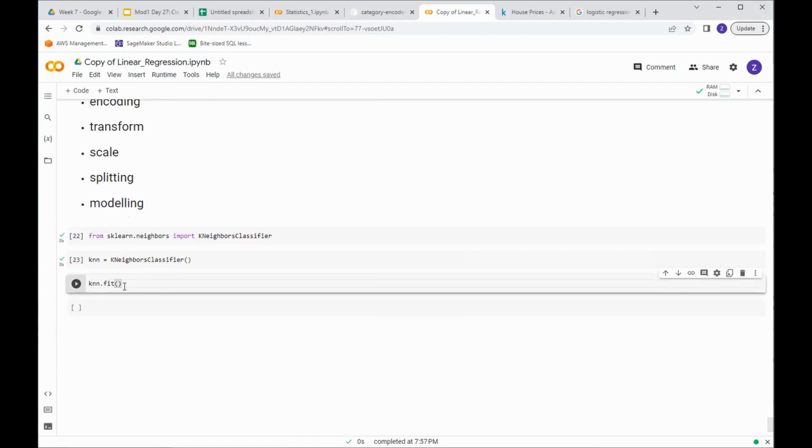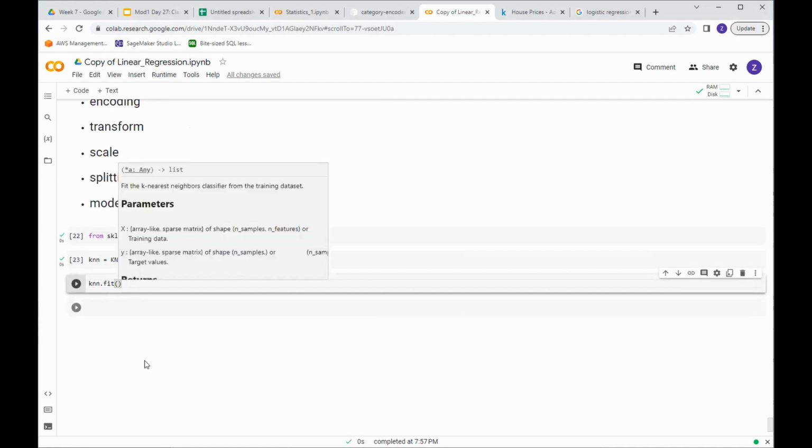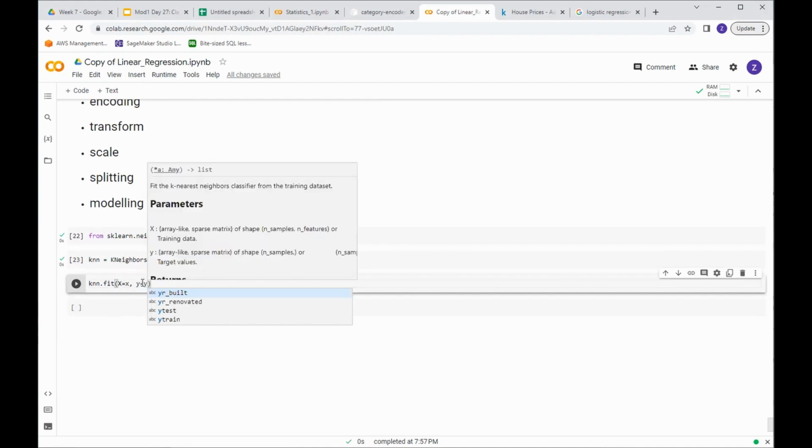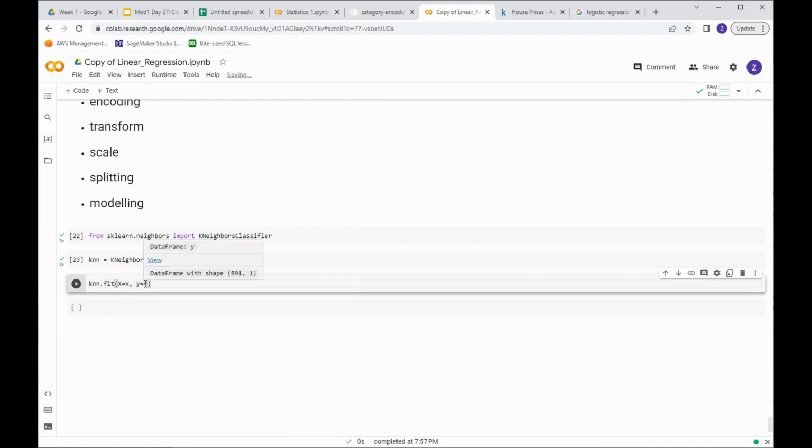So we're going to do the fit. And again, as we did earlier, I am going to use X as the independent features, which in my case was just the fare, and then y is equal to y, which in our case was the survived feature.